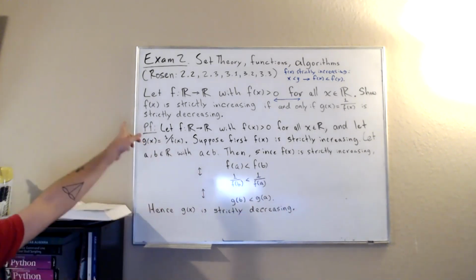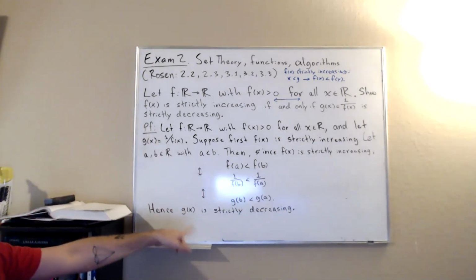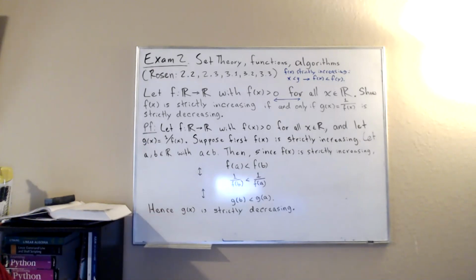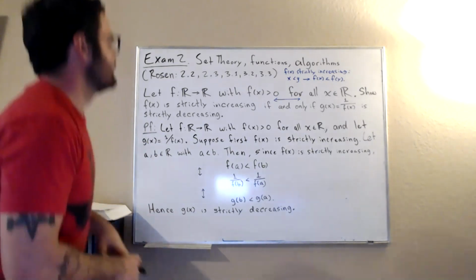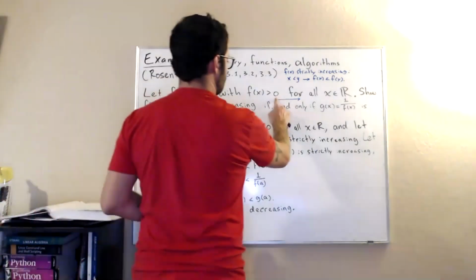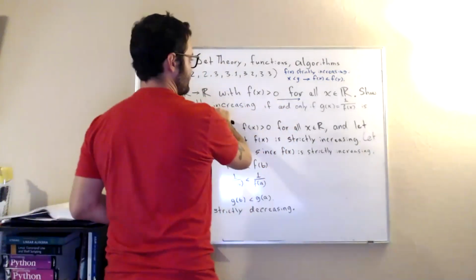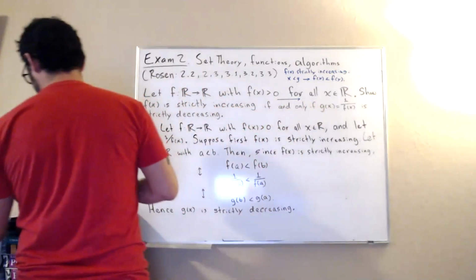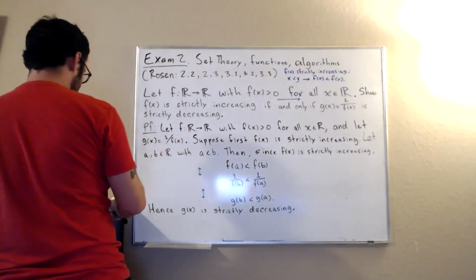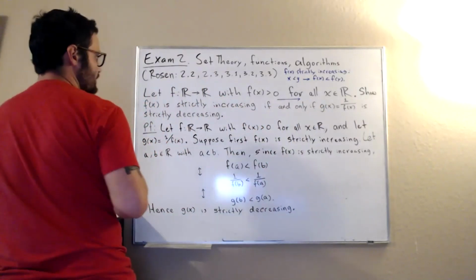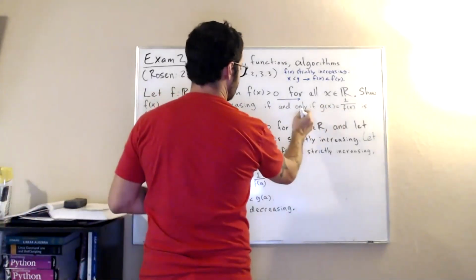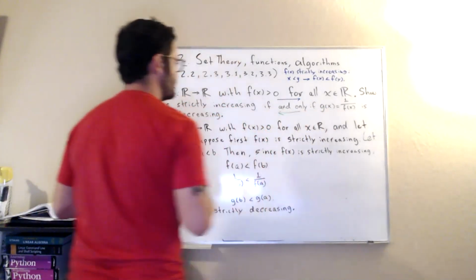So we've shown that if f of x is strictly increasing, then g of x must be strictly decreasing. But we're not done. We've only proven this direction, if this, then that. It remains to show that if that, then that. The other direction.